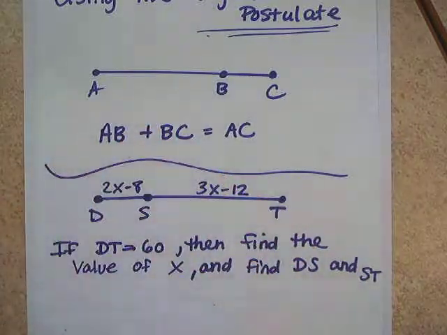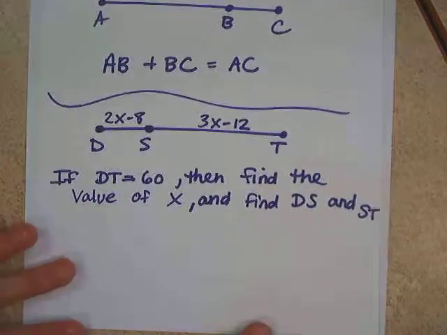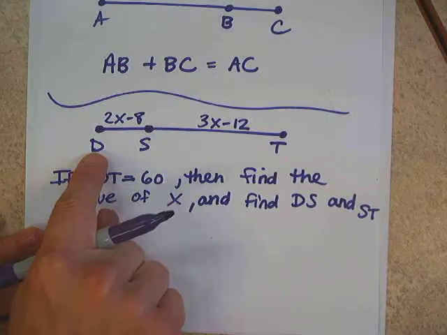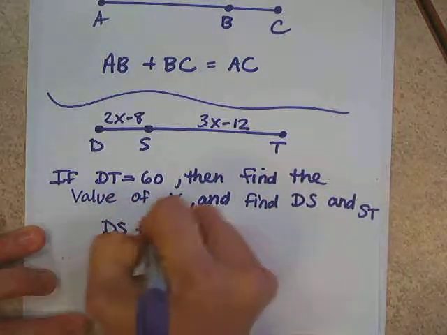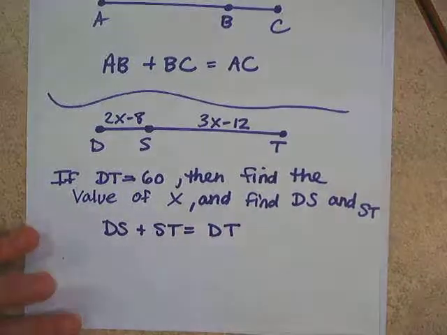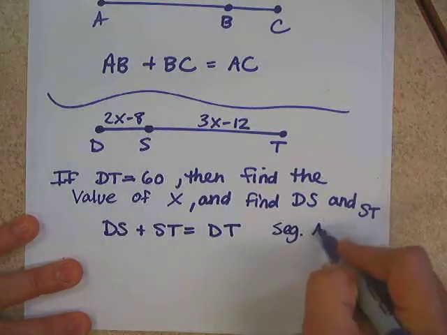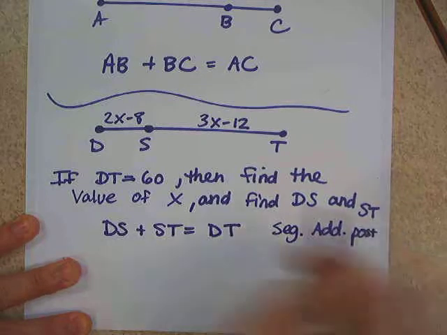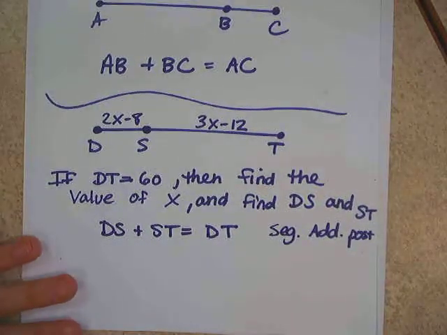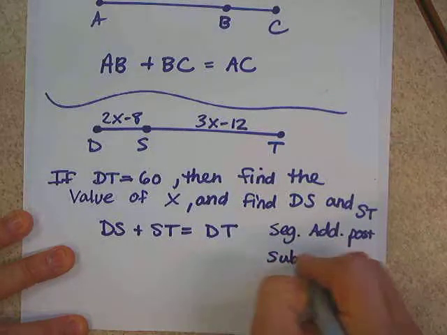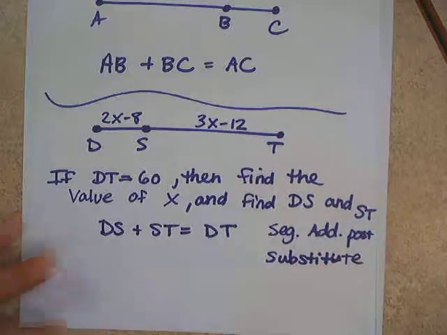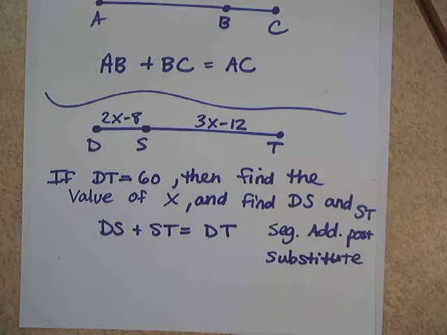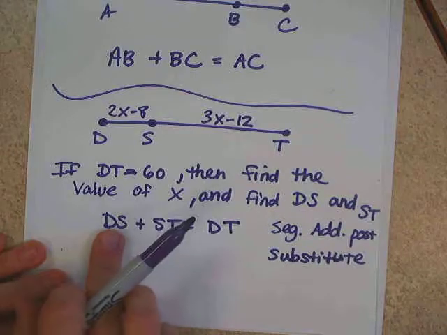So they're asking you to find three things. If you go back up, you can start with the segment addition postulate. In fact, I would suggest you do that until you're really comfortable and secure with these. If we start with DS plus ST equals DT, that is the segment addition postulate. Then the next thing we're going to do is substitute in the expressions that we know represent DS, ST, and DT.